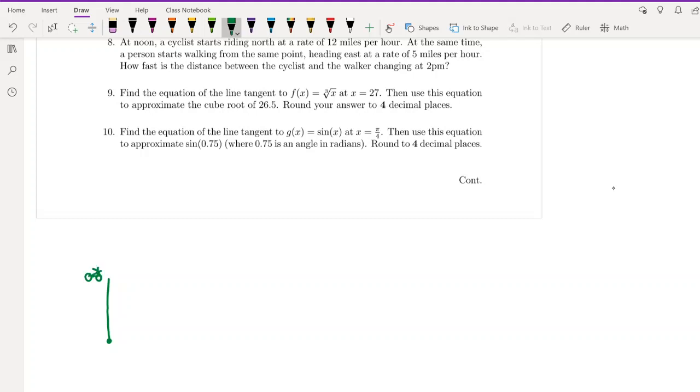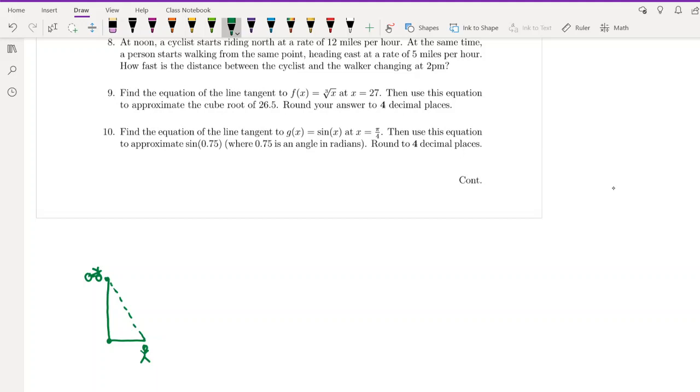And then we also have a person walking, and that person is walking east, and they're going more slowly, so I'll make this a little bit smaller. At some point in time, they're both a certain distance from their starting point. And then we're going to be interested in the rate of change of the distance between them, and so we want to complete this by making it a right triangle.